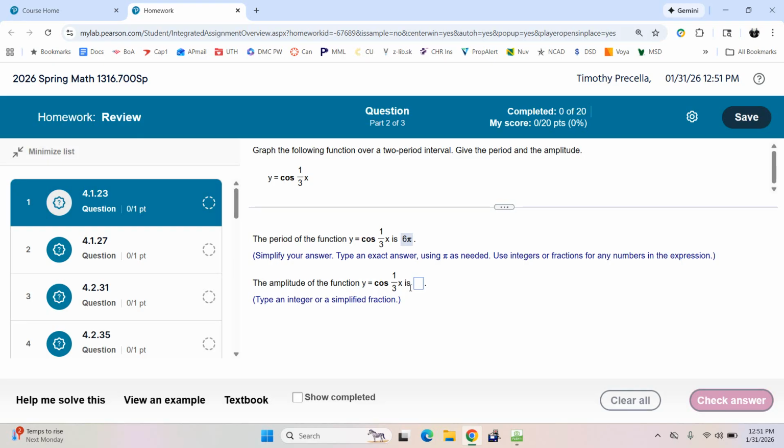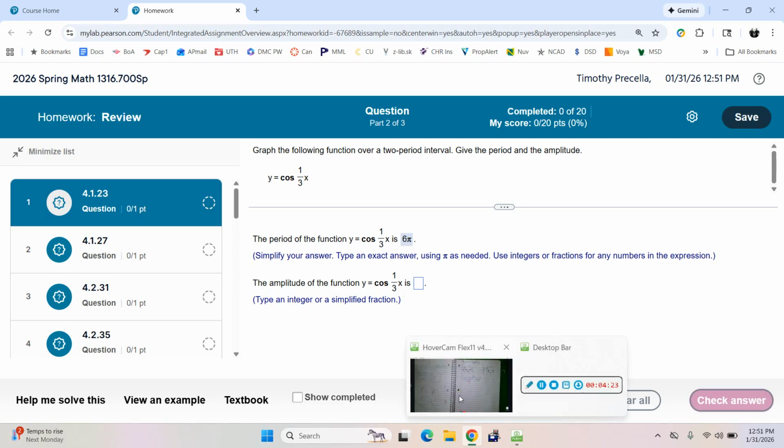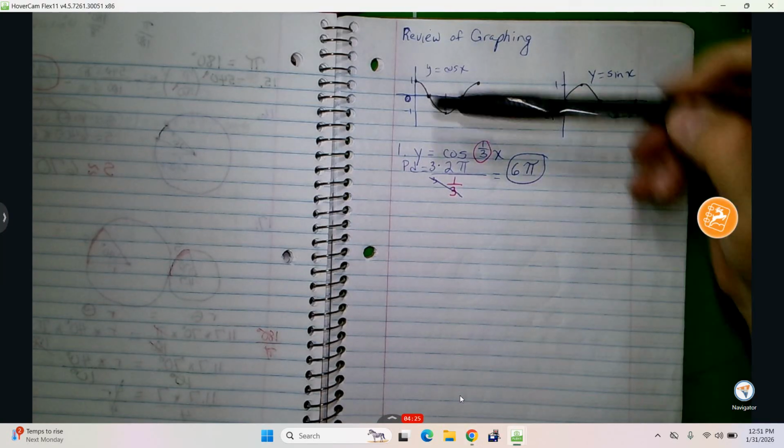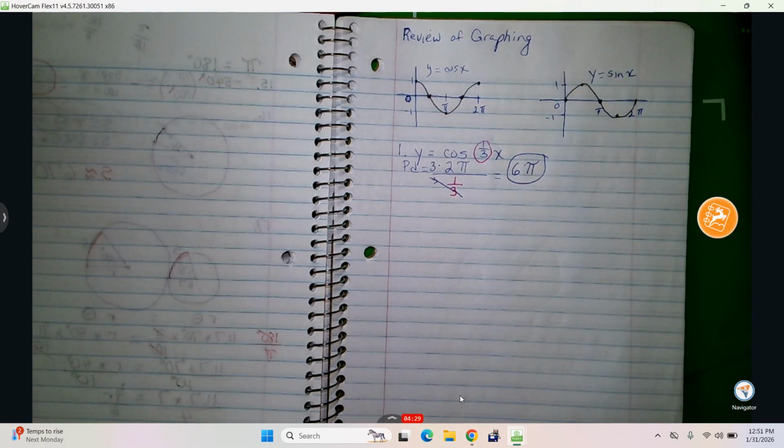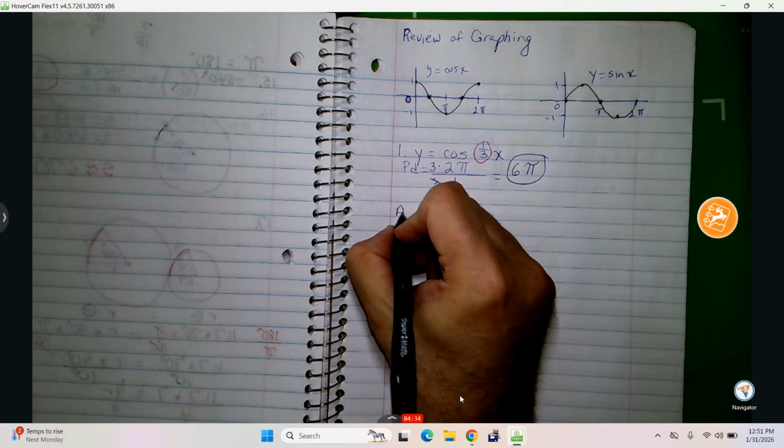And now what does it say? Find the amplitude. Well, the amplitude is that maximum distance the graph gets from the horizontal axis. Like up here, maximum distance is 1. In general, amplitude is always positive.